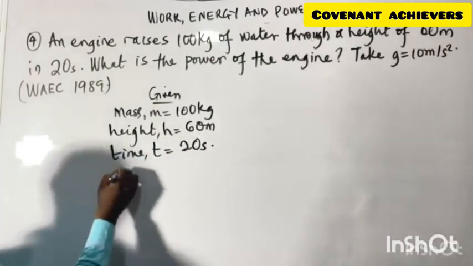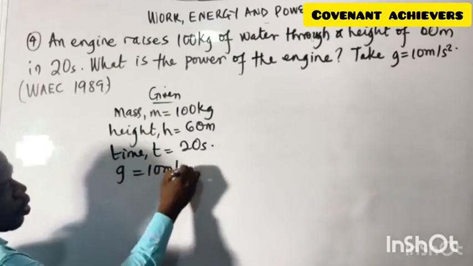And we are given g to be equal to 10 meters per second squared.